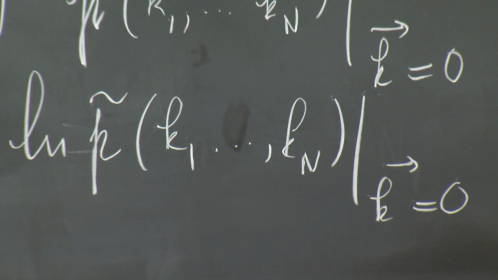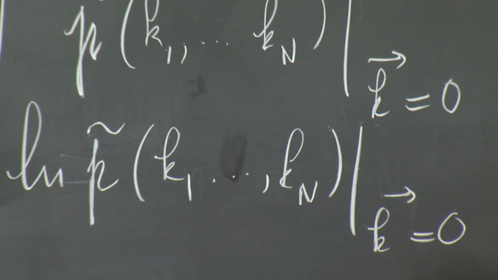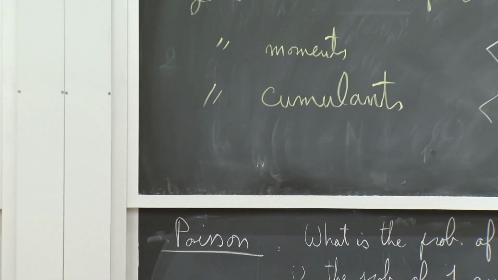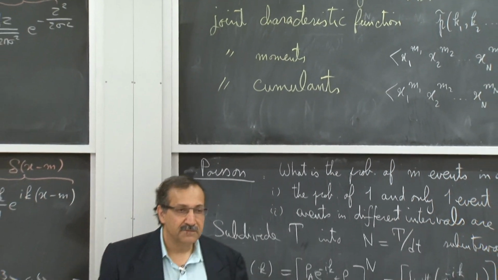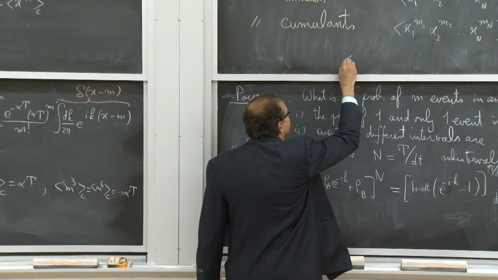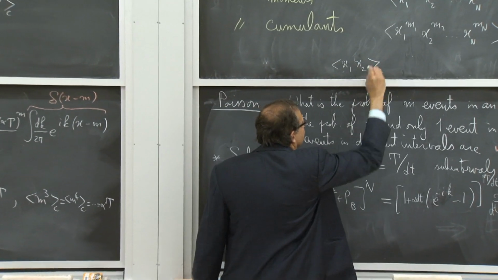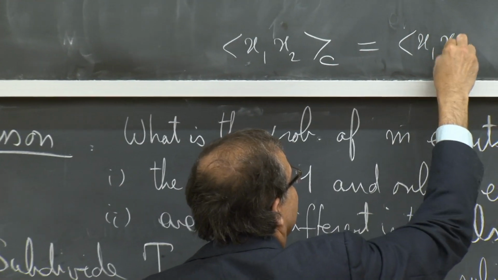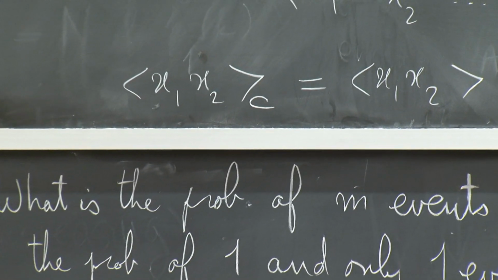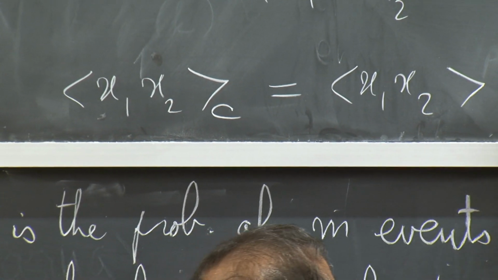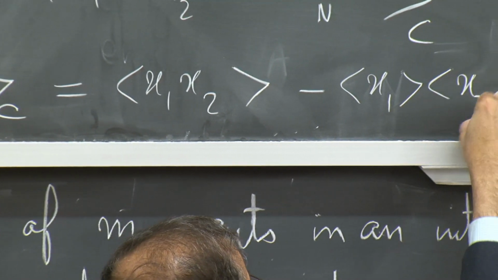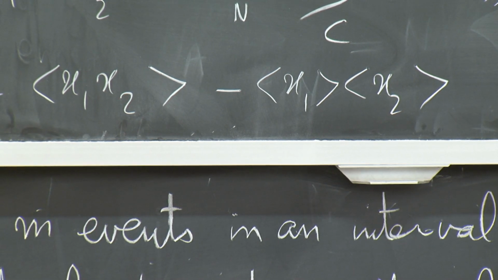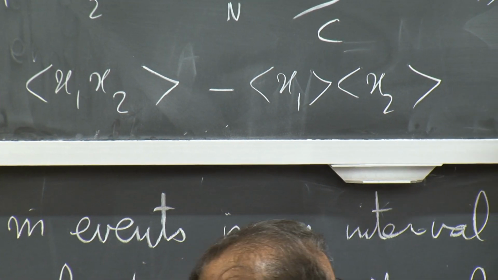By looking at these two definitions and the expansion of the log, for example, you can calculate various things, like, for example, x1, x2 with a c is the expectation value of x1, x2, this joint moment, minus the product of the means of x1 and x2, just as you would have thought would be the appropriate generalization of the variance, and this is the covariance.